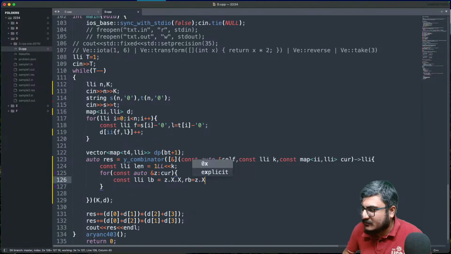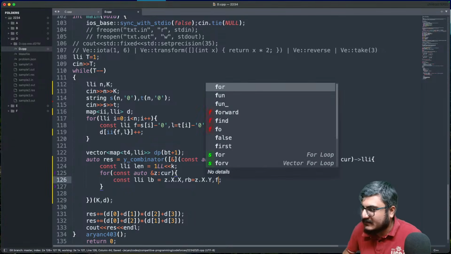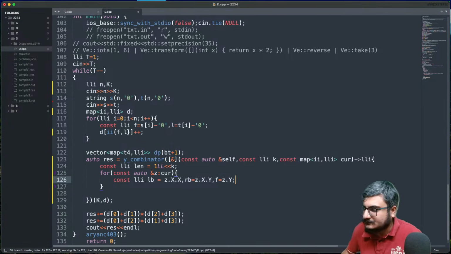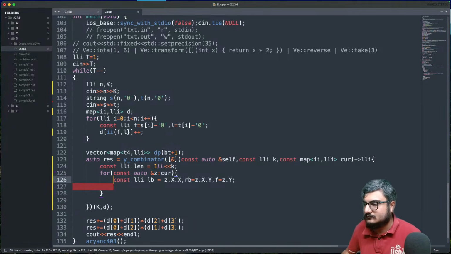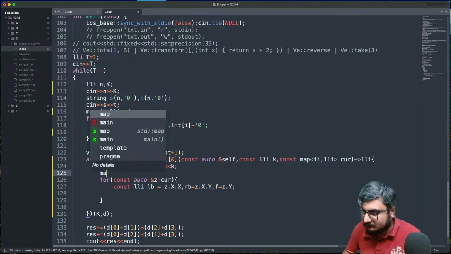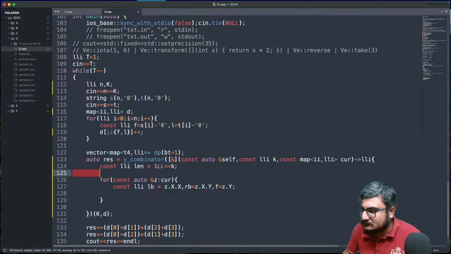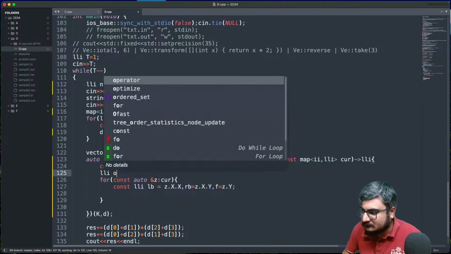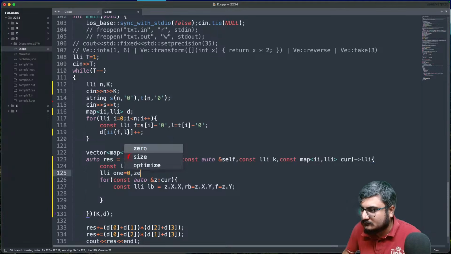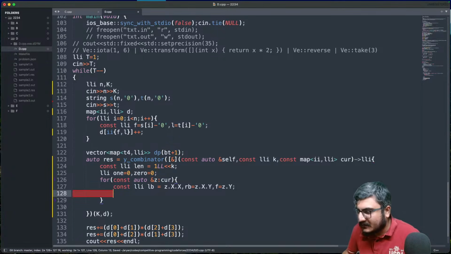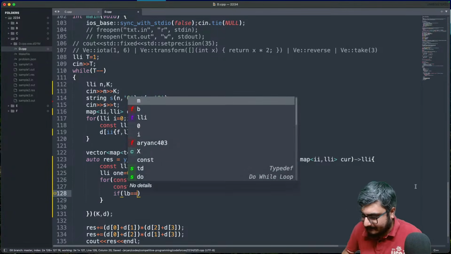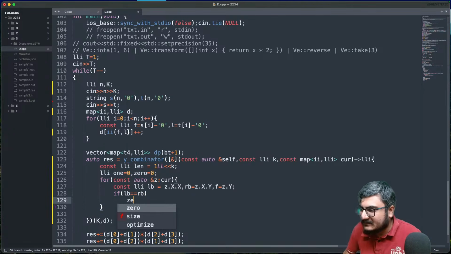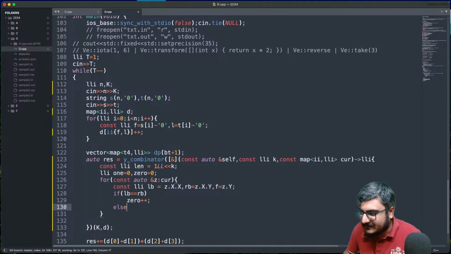Right bit is z dot x dot y. And the count is z dot y. If both the bits are same, then 0 in this number increases by 1, else the 1 increases by 1.